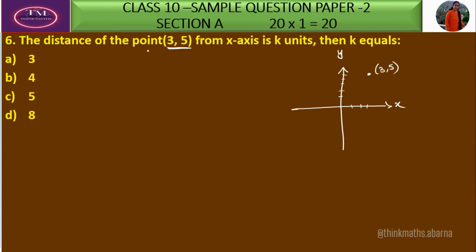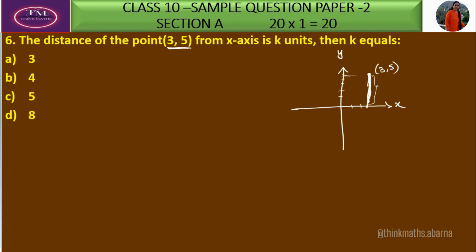What is the question? The distance of the point from x-axis. From x-axis to this point, what will be the distance? The distance is nothing but this. So this distance is nothing but y is equal to 5. So 5 is the answer. So k is equal to 5.